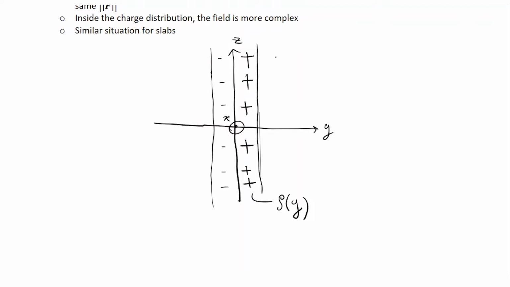But what we learned just now is that it's going to be the same on both sides of the slab. So the field outside has the same magnitude. But then the field inside wouldn't necessarily have the same magnitude, because this rho of y can be quite complicated, like shown here.